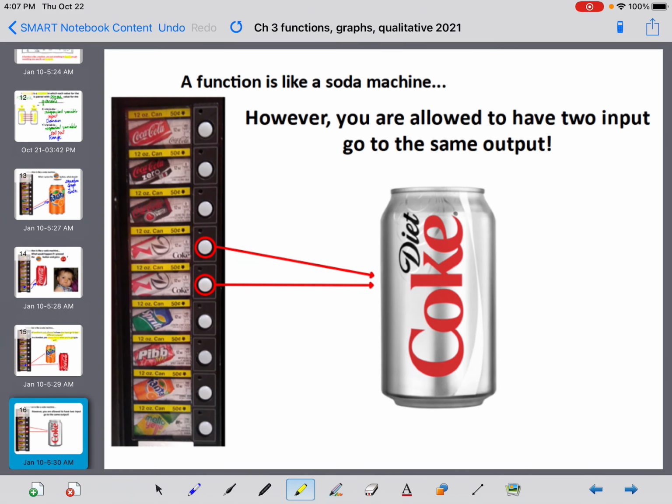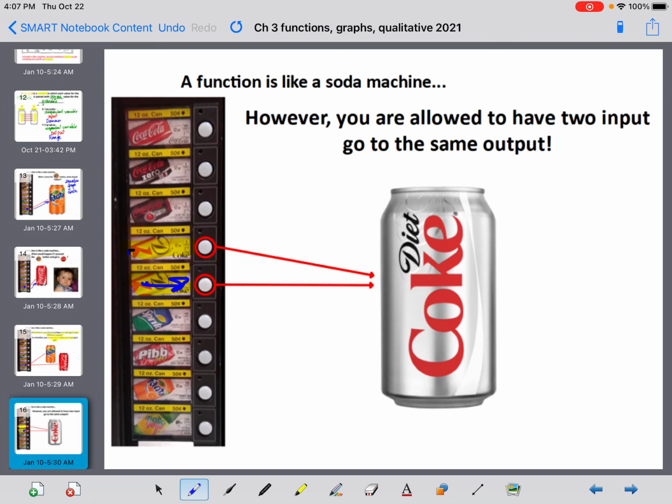Now, it is okay in a function to have two different inputs. Here are two different buttons, right? I could push this button and it could give me Diet Coke. I could also push this button here and it could give me Diet Coke, and that would be okay, right?